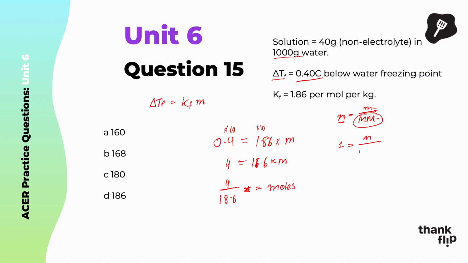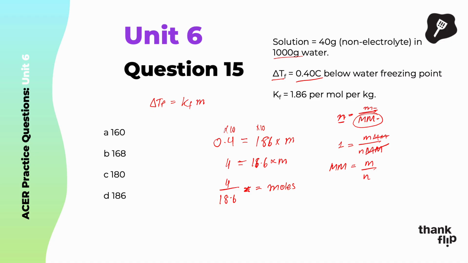M, and then dividing it by n. So bringing n down to the bottom here. And then I'm going to multiply both sides by molar mass. So multiplying this side by molar mass will cancel it out, and then multiplying molar mass by 1 will just give me molar mass. So I'll get, okay, so mass over moles.